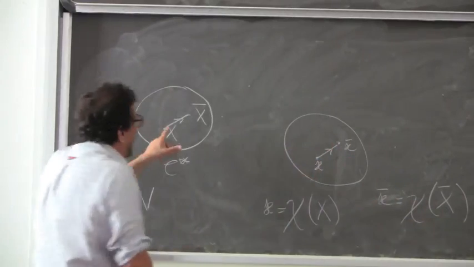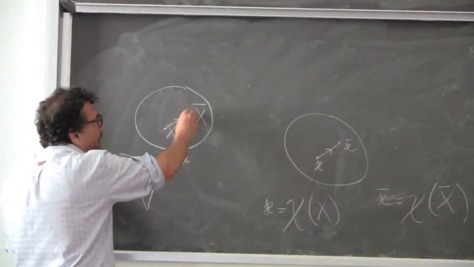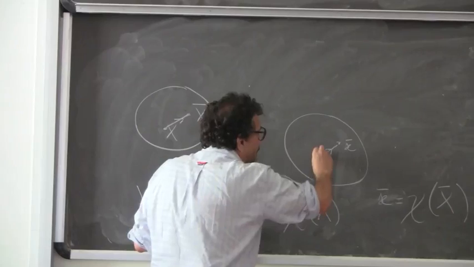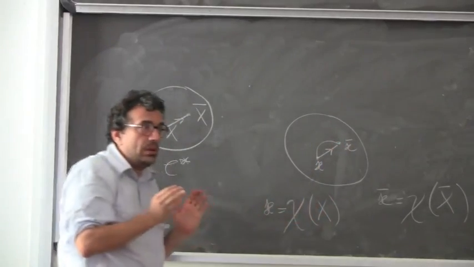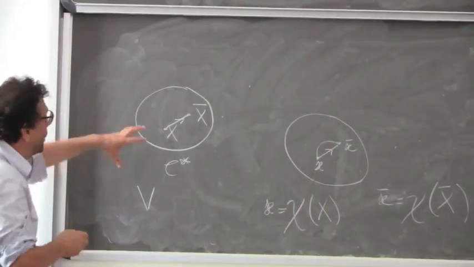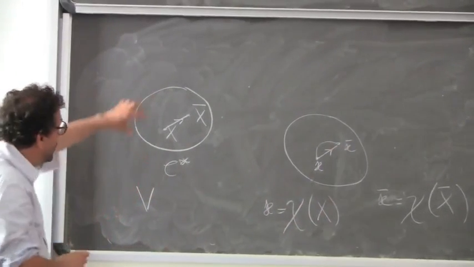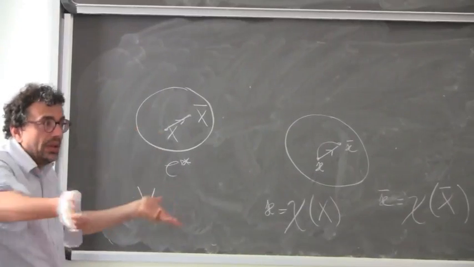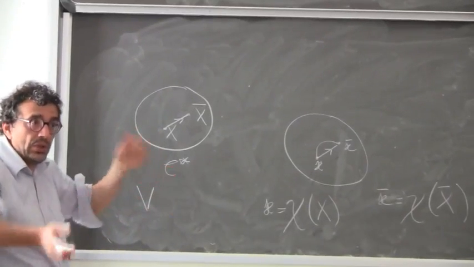Of course, what can happen is that this segment has this shape in the actual configuration, because if the body is deformed, this segment can become curved. Okay?